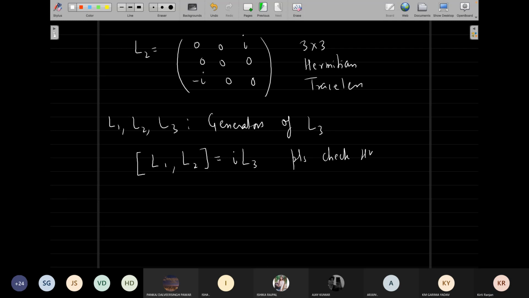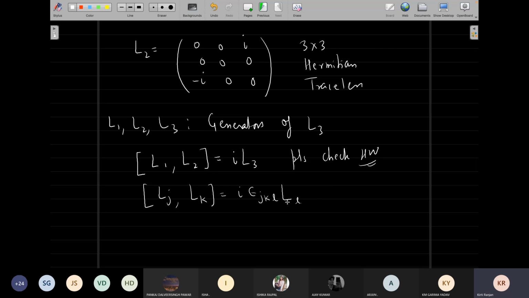Homework. You can check it. So L1 L2 minus L2 L1 should turn out to be i times L3, such that in fact [Lj, Lk] will turn out to be i ε_jkl L_l.